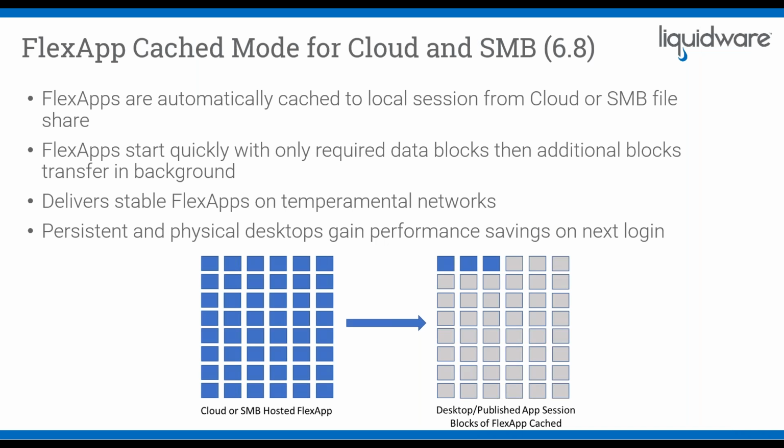So this is the cached mode, the block level caching. If you're familiar with AppV, it's essentially the same thing. It's the same as PVS. It only brings down the blocks that it needs. And if a user makes a request for a block that isn't there, we go out and grab it.